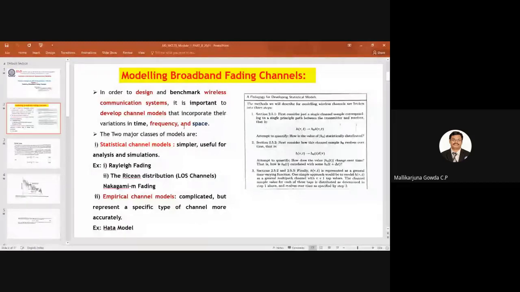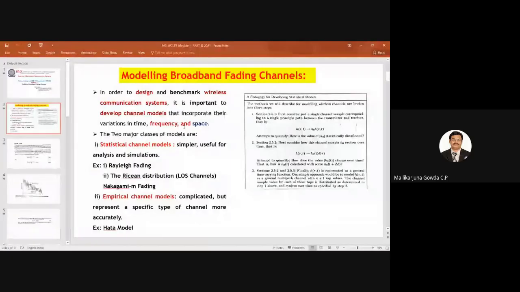Yes, I discussed this point in the last class, where the signal received at the receiver is received multiple times from different paths, and they differ in phase. One signal may start with some phase and another signal may start with another phase. If their phase difference is large, then I said the signal will be constructive.